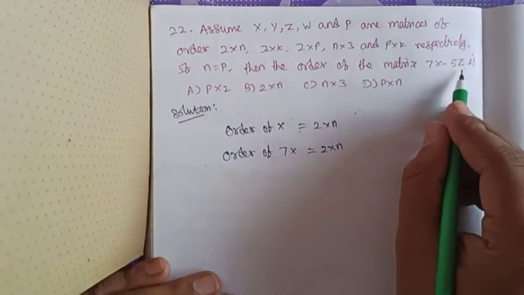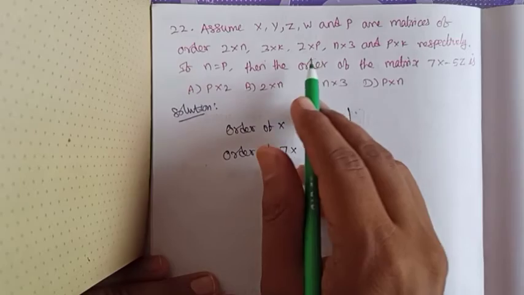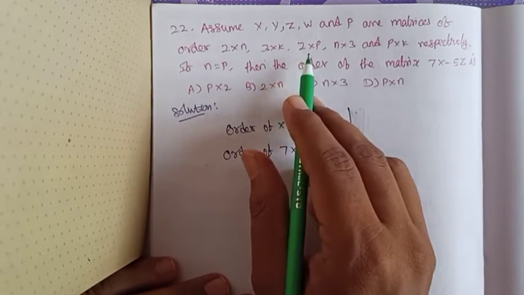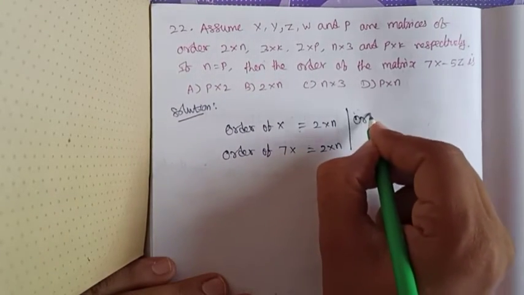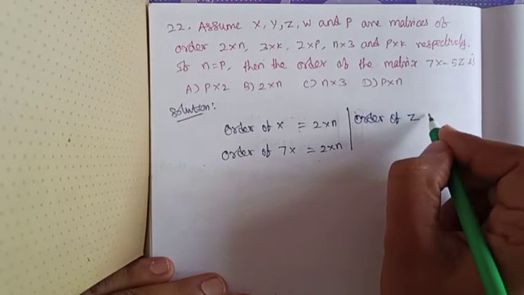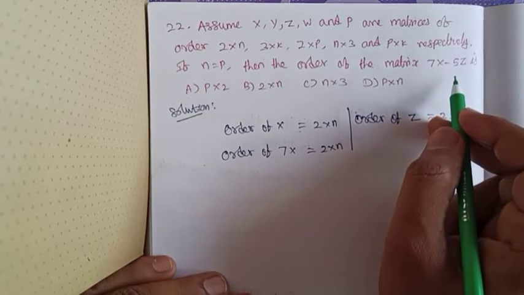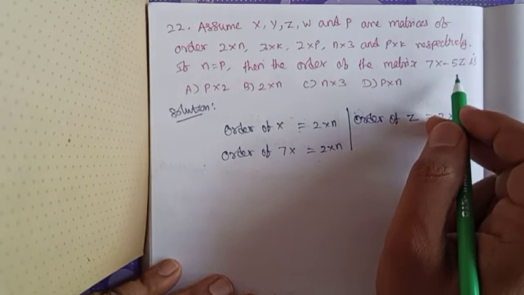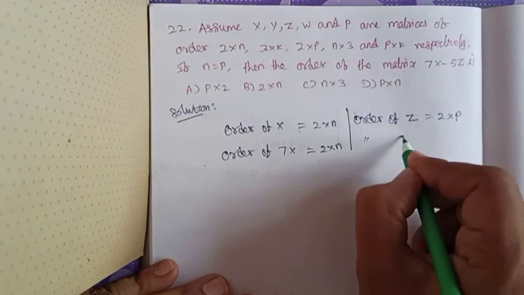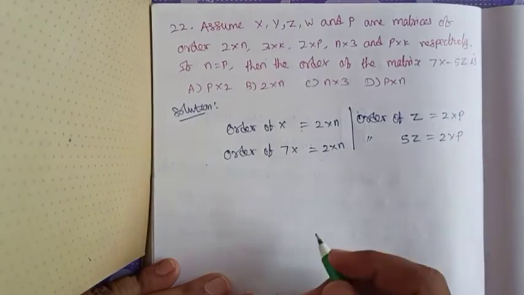Next we consider the Z matrix. The order of matrix Z is 2 by p. We multiply by the constant 5, so 5Z is also of the same order, 2 by p.